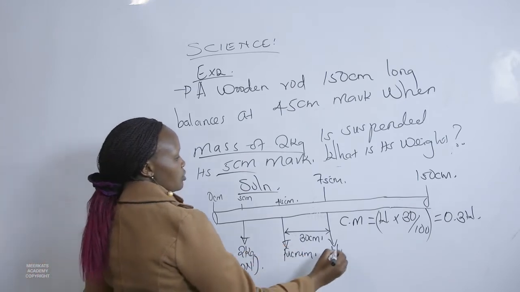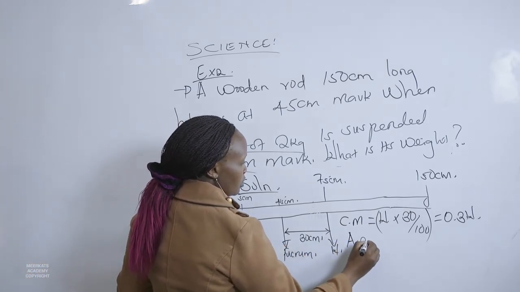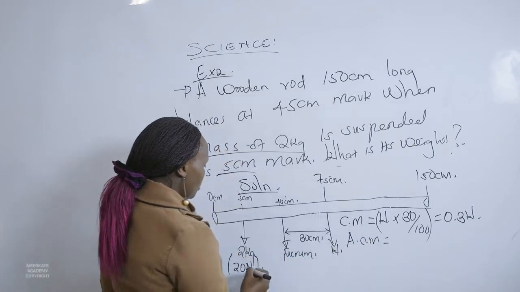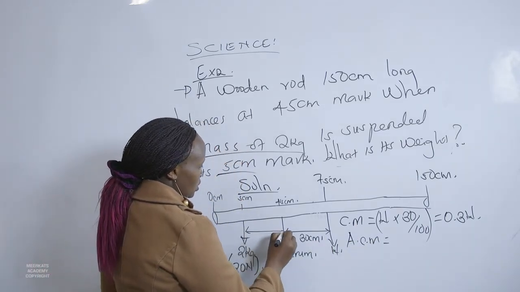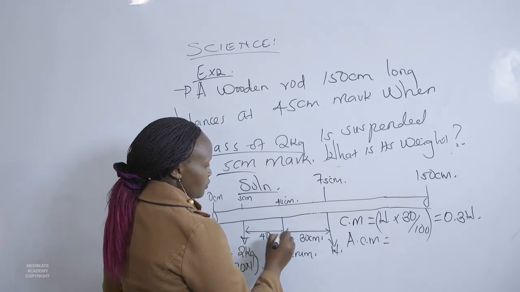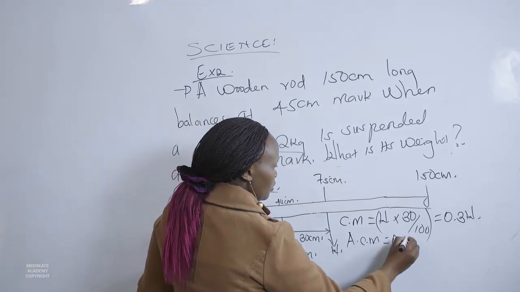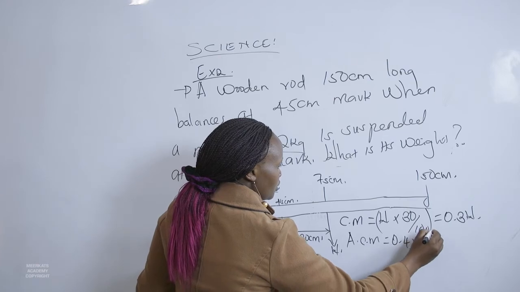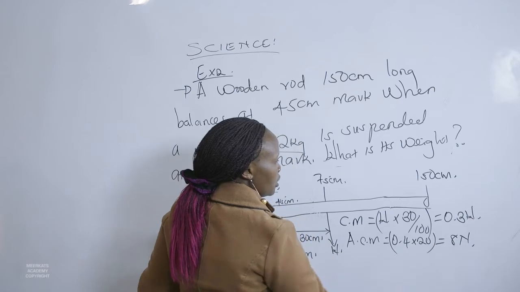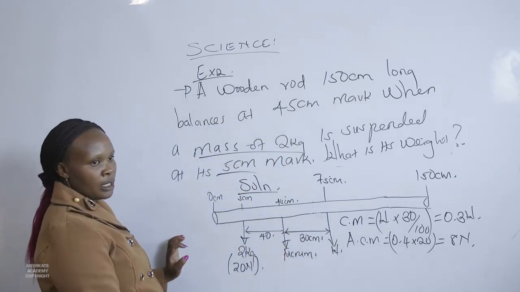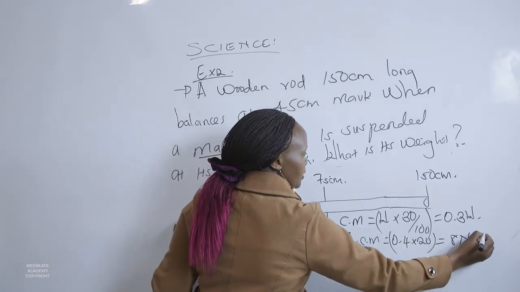Then anti-clockwise moment will be, this is 40, so 0.4 we multiply by 20. That will give us 8 Newton meters.